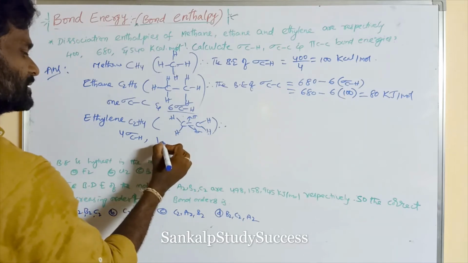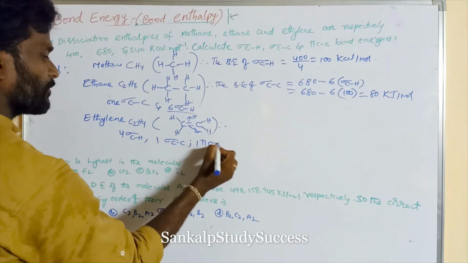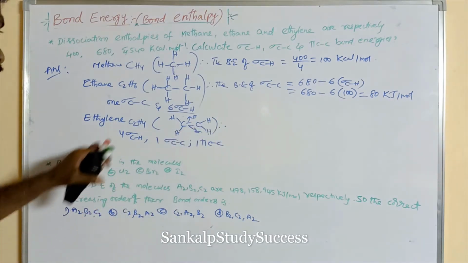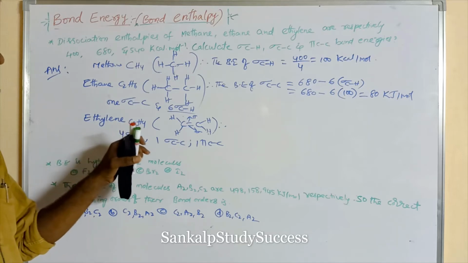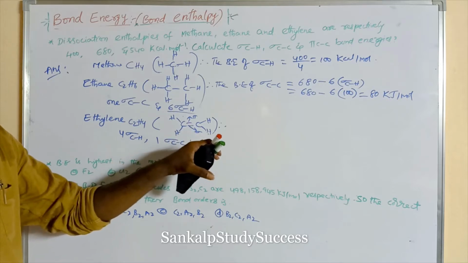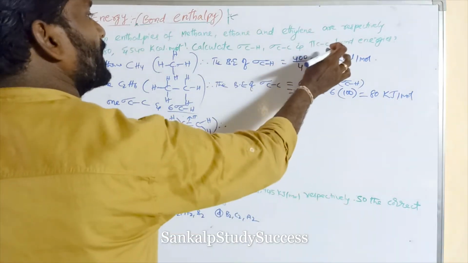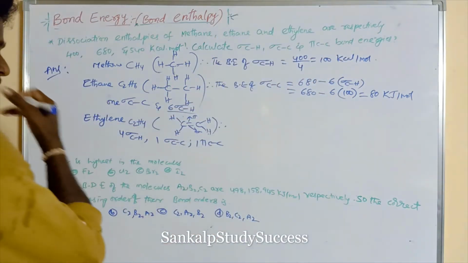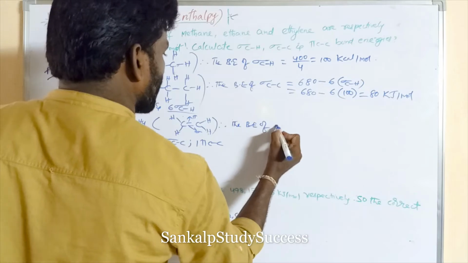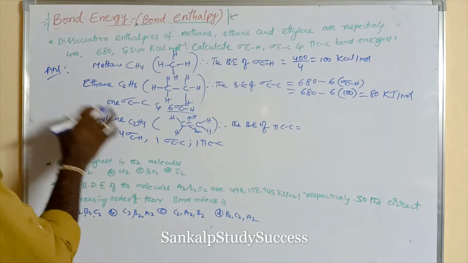So 1 sigma C-C and 1 pi C-C. In the ethylene C2H4 molecule, there are 4 sigma C-H bonds, 1 sigma C-C and also 1 pi C-C. Now we want the bond energy of pi C-C.